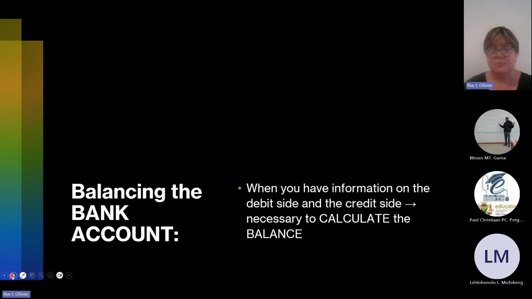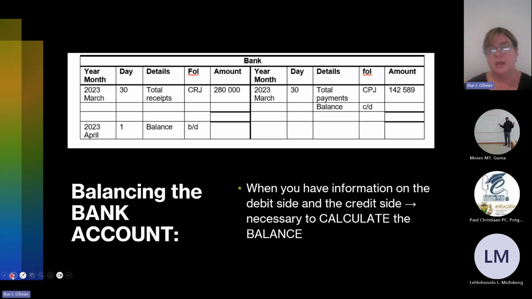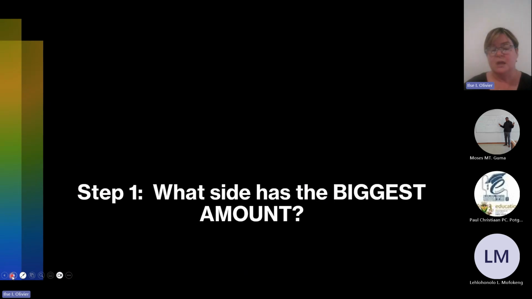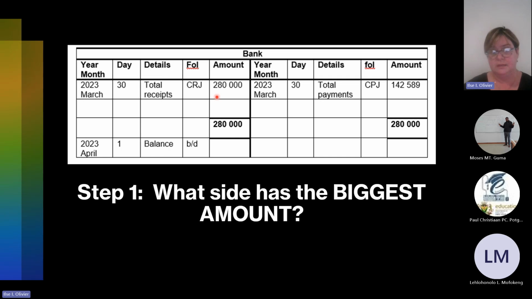Just quickly, let's look at the balancing of the account. When you have information on the debit and the credit side, sometimes it's necessary to balance the account. So if we look there, the bank account has total receipts and total payments. What do we do? We look at the side that is the biggest. In our case, the debit side was the biggest. Now what do we do?